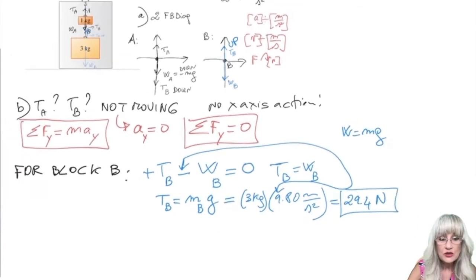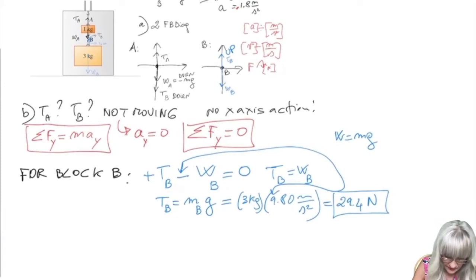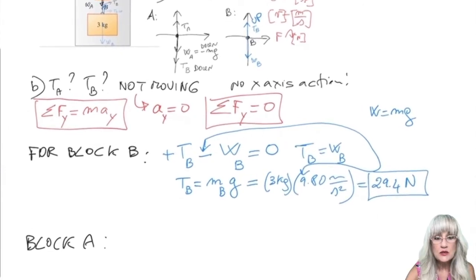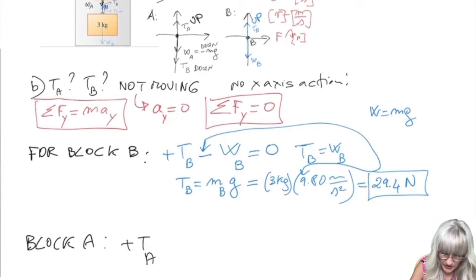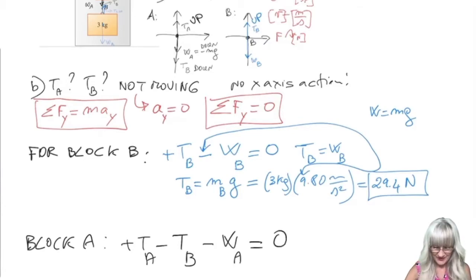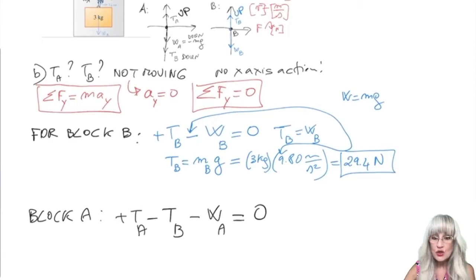Now I'm going to reason for block A. For block A, I use the black ink, and as you can see, what do you have? Tension A is up, so positive. Tension B is down, minus the weight of A, equals 0. So let's solve this one theoretically.